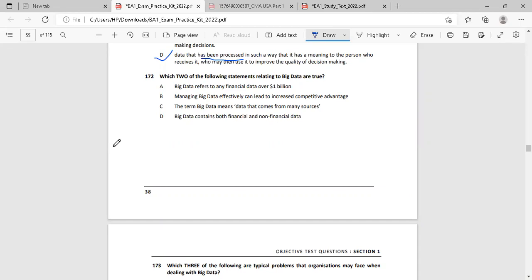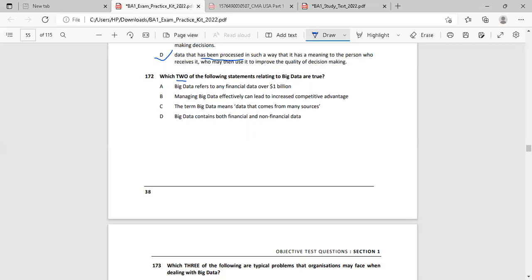Managing big data effectively can lead to increased competitive advantage. The term big data means data that comes from many sources. Big data contains both financial and non-financial data. We are asked to choose two statements that are true.